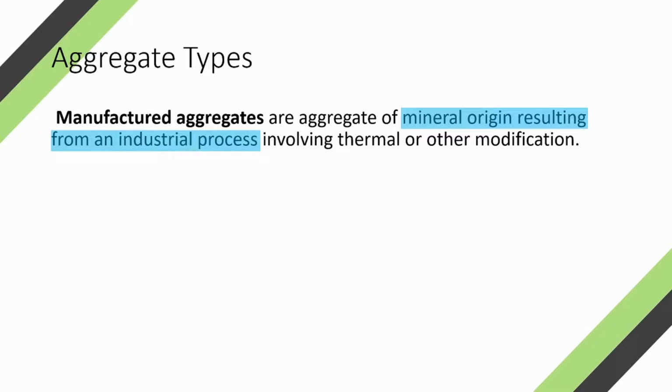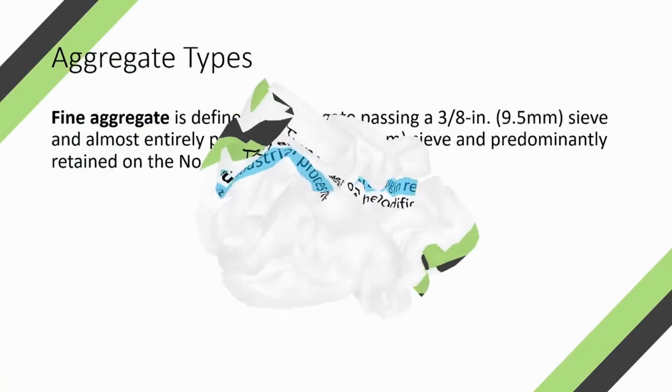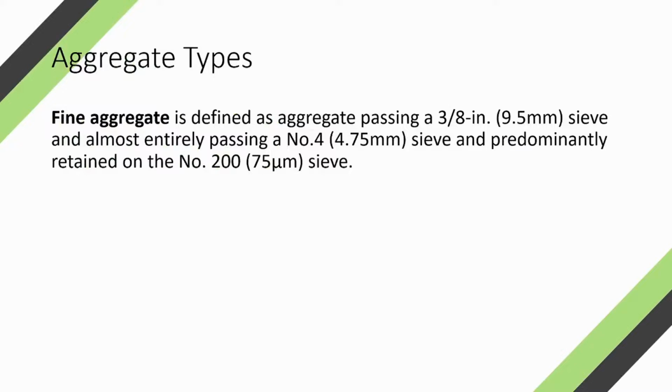So, another classification ng ating aggregates is yung kanyang size. So, fine aggregate is defined as an aggregate passing a 3/8 inch or 9.5 mm sieve and almost entirely passing a number 4 sieve and predominantly retained on the number 200 or 75 micrometer sieve.